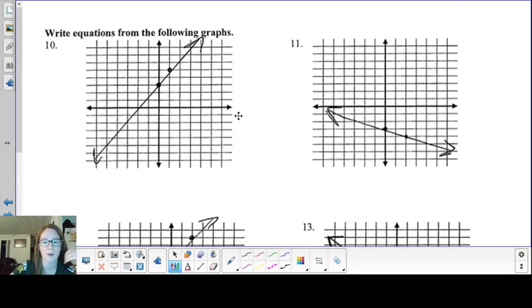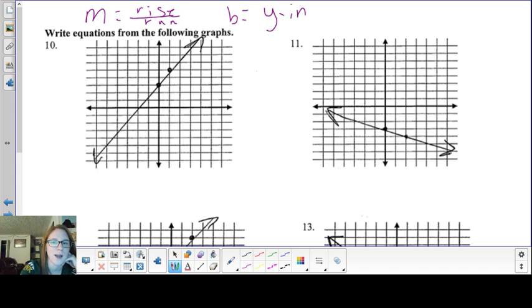So again, the slope is rise over run, and my b is where it lies on the y-intercept, or the y-axis. Let me write. So let's take a look at number 10. We know we're going to start with y is equal to.